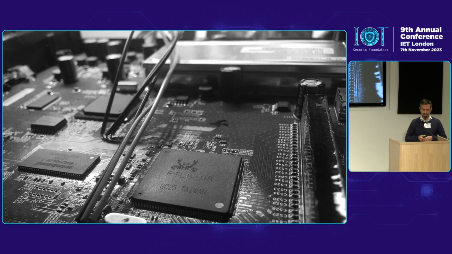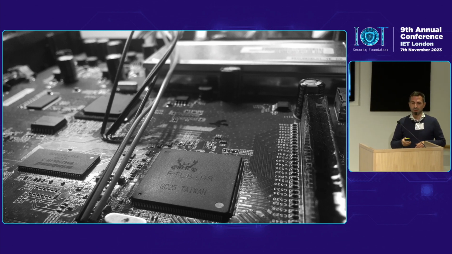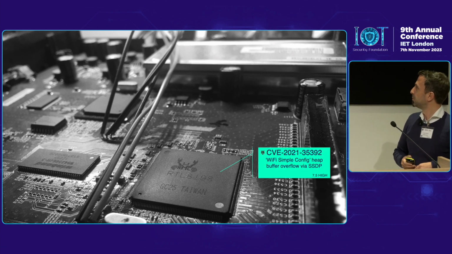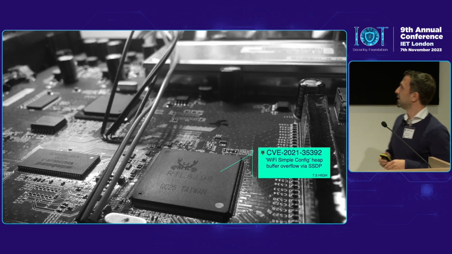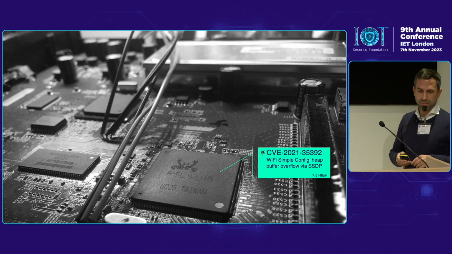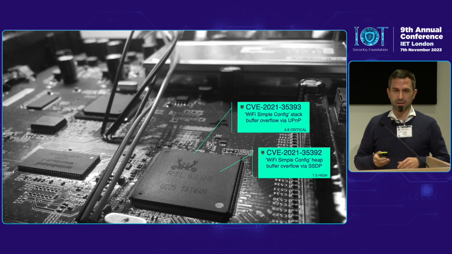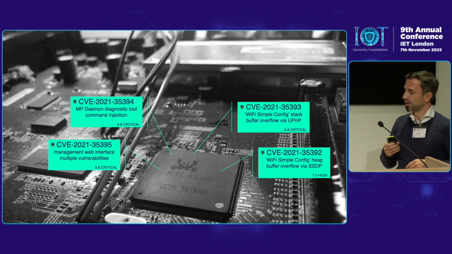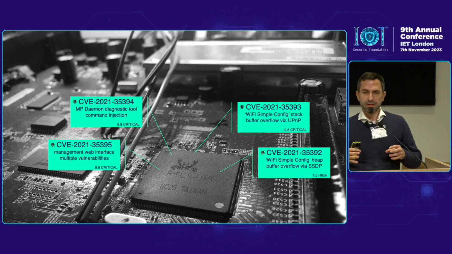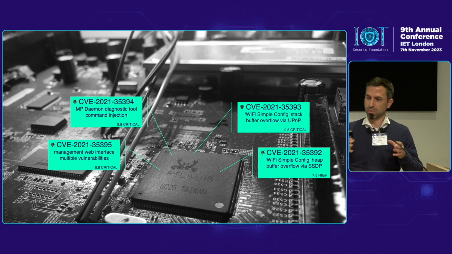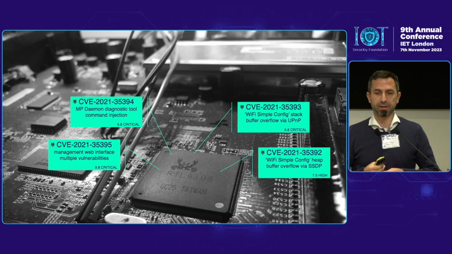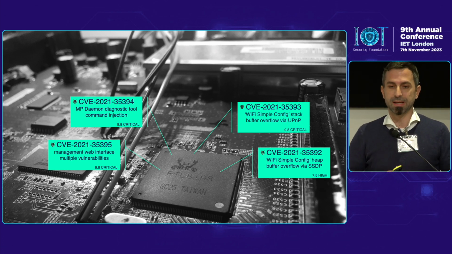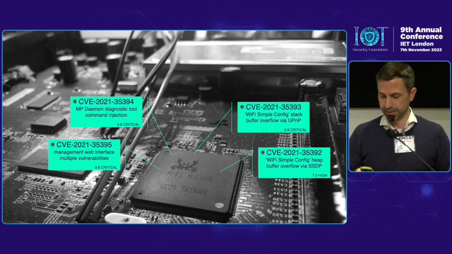A Realtek chip that comes with an SDK for easier interoperability, but which was also shipped with a few vulnerabilities. A high-risk heap-based buffer overflow vulnerability, with other additional buffer overflows, vulnerabilities in the web interface, etc. So everyone who integrated this chip and this SDK integrated it with high-risk and critical-risk vulnerabilities.